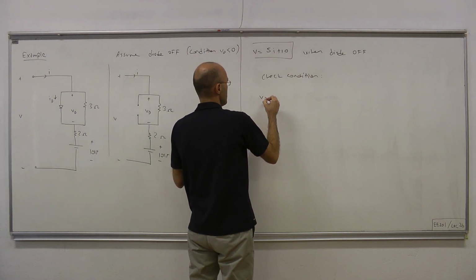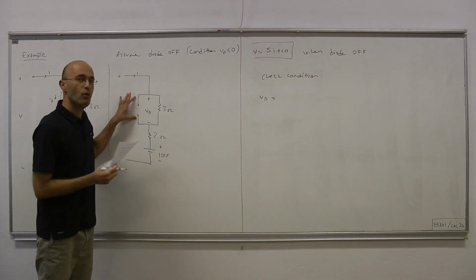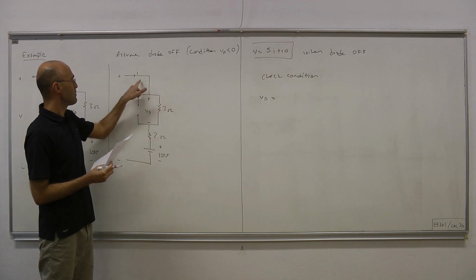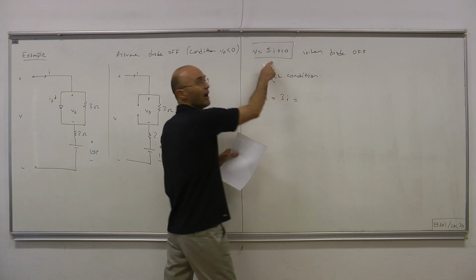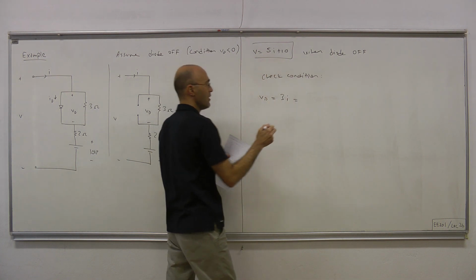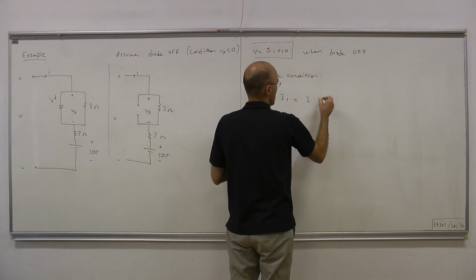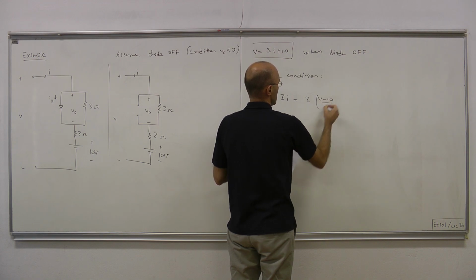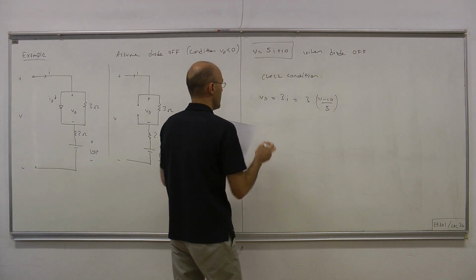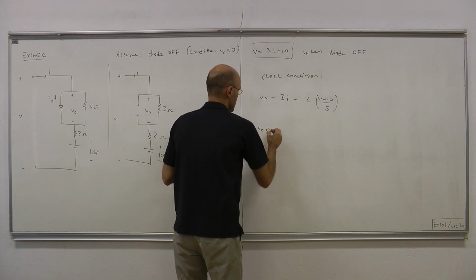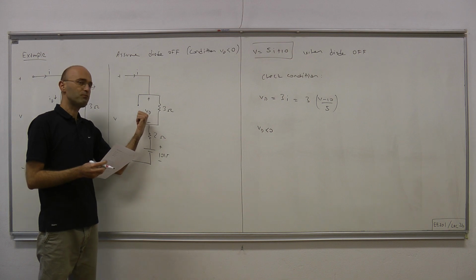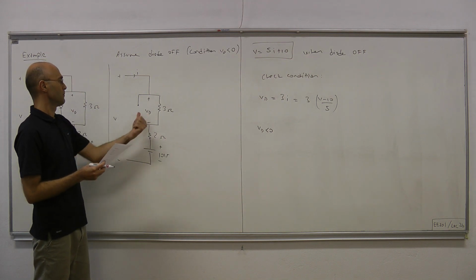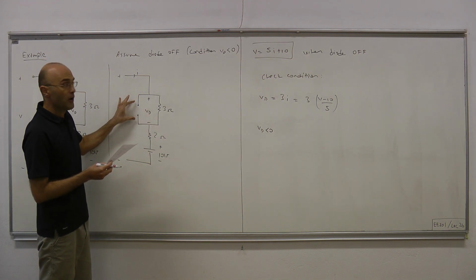So we have VD, this voltage, equals 3 times I. And I is V minus 10 over 5, and then VD negative. Okay, so that's the condition under which this assumption holds, under which the diode is off.